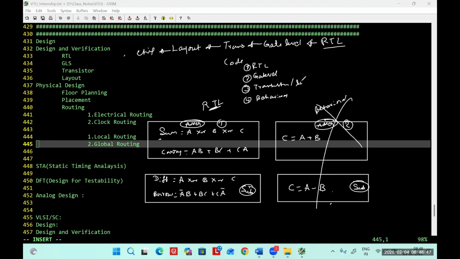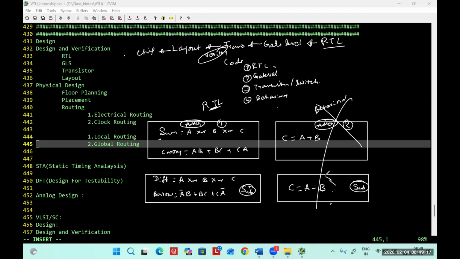Sir, I will write in Verilog. Verilog code only. If you want, you can write in RTL, behavioral, transistor level, gate level, everything. But in which format do we write the design? RTL. Clear?